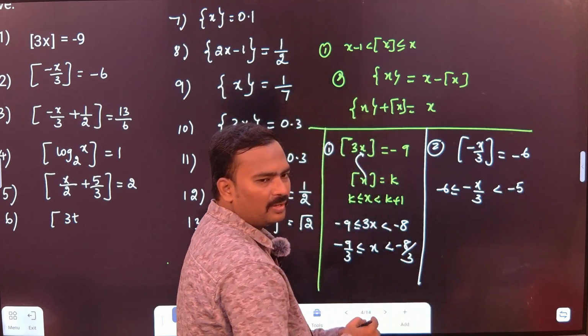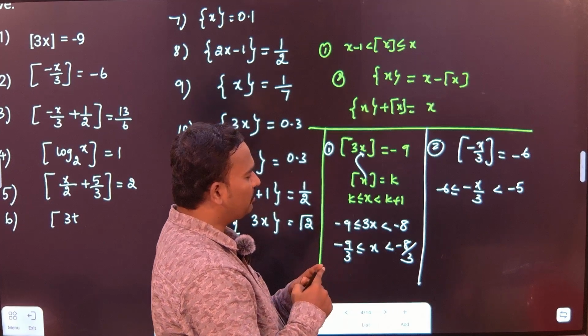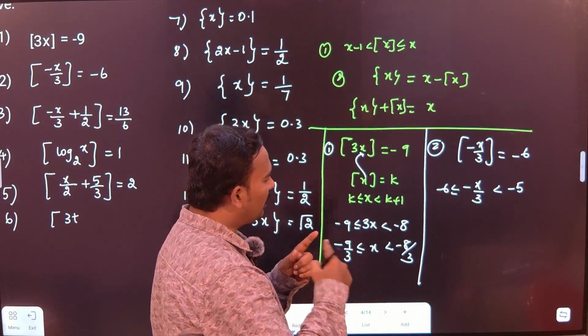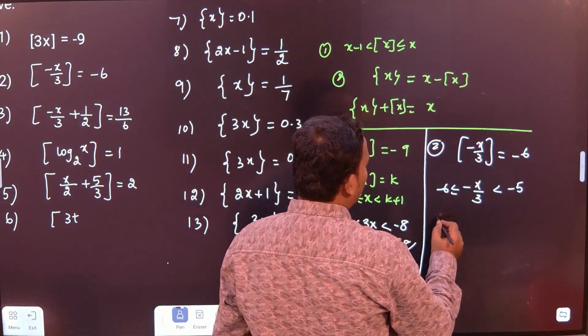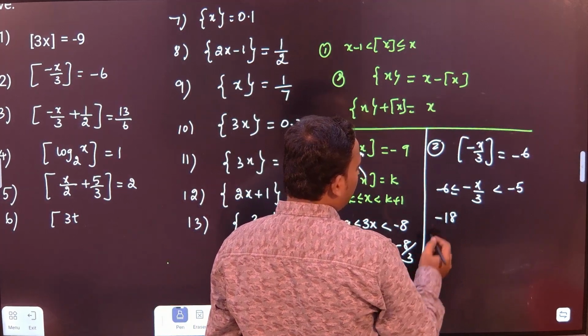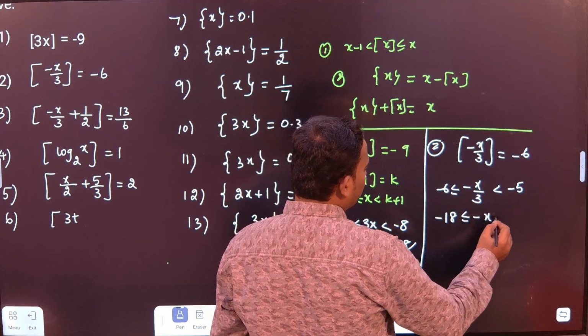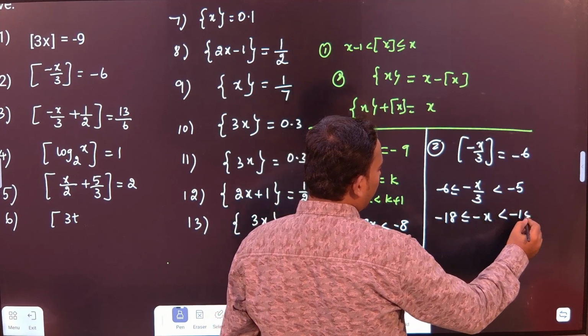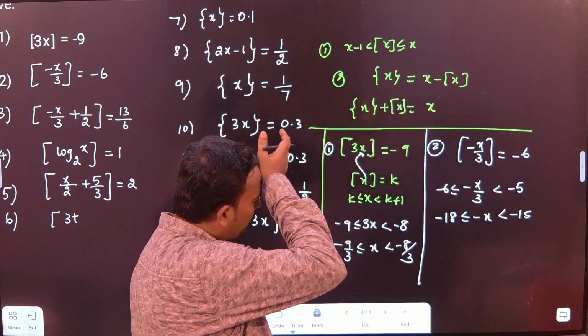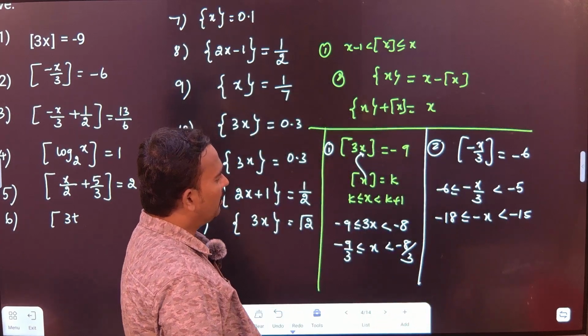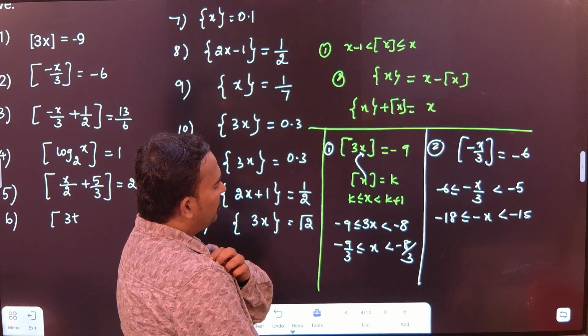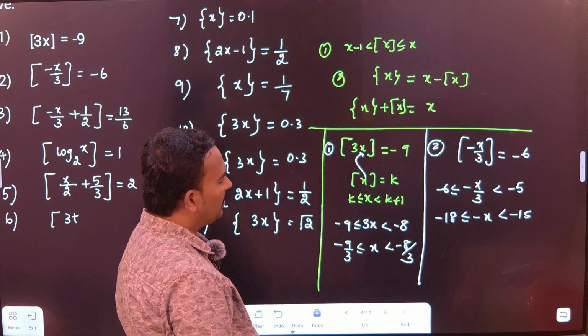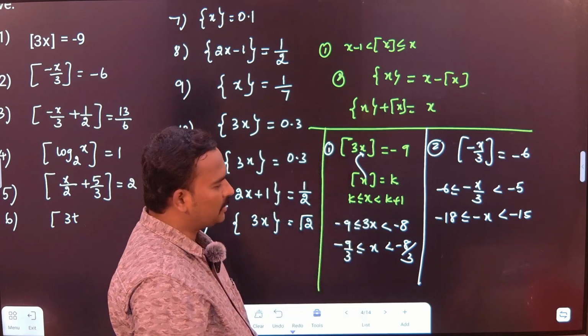We need to find x here. First you have to remove the 1 by 3, so multiply by 3. So minus 18 is less than or equal to minus x, strictly less than minus 15, right? I hope everyone understands.